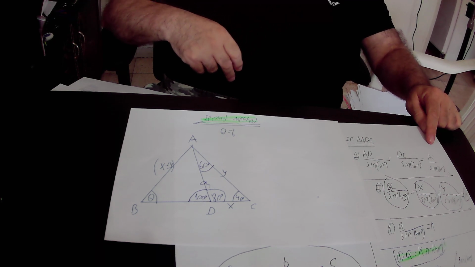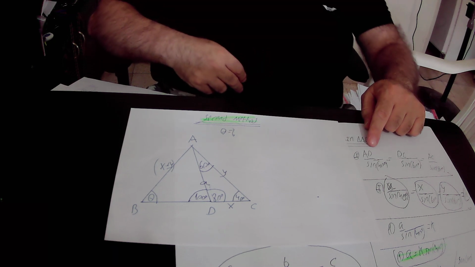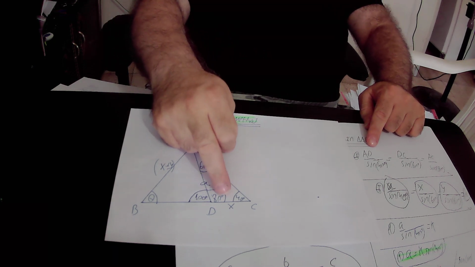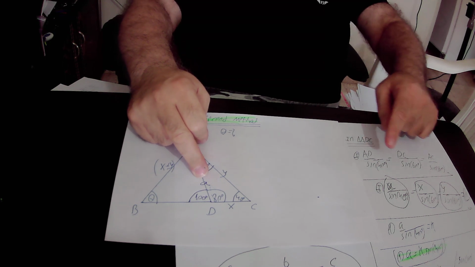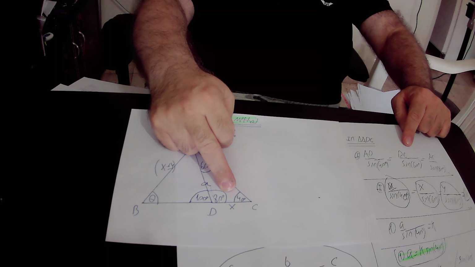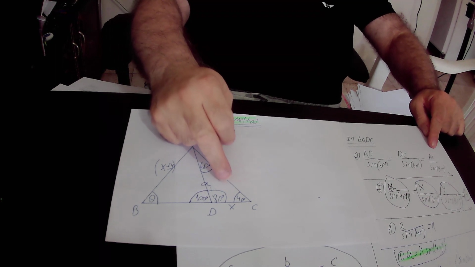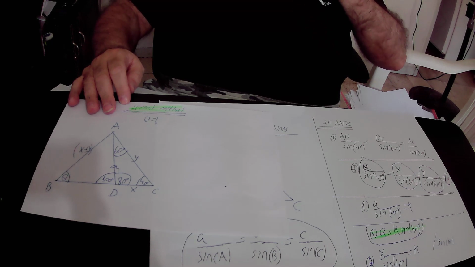Okay, so AD equals A, so we substitute AD by A. DC equals X, we substitute DC by X, and AC equals Y, we substitute AC by Y. And we got this equation.